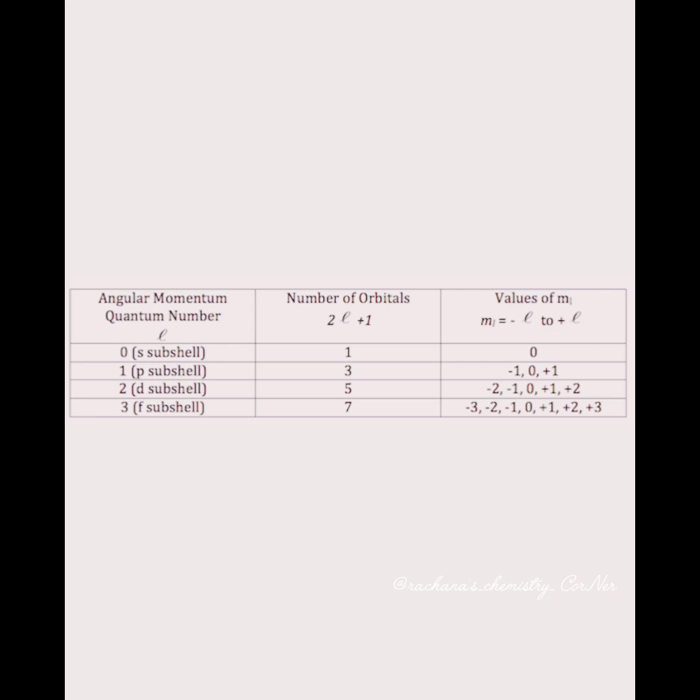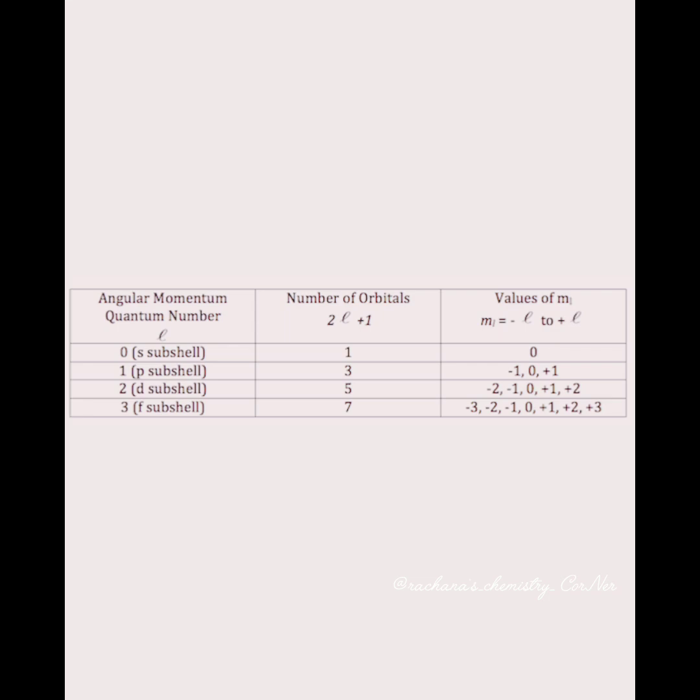The number of orbitals you can calculate by using the formula 2L plus 1, where L is the angular momentum quantum number. So 2 into 0 plus 1 gives 1.